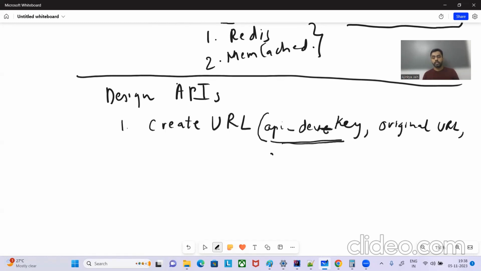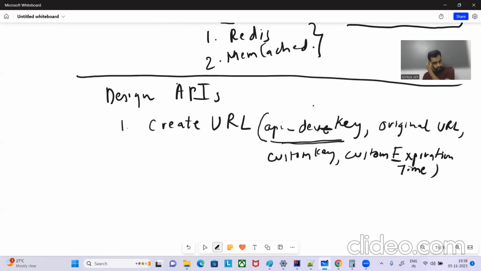Third would be a custom key, if a user wants their own custom key used to generate the short URL. And then a custom expiration time. So this will be one API.